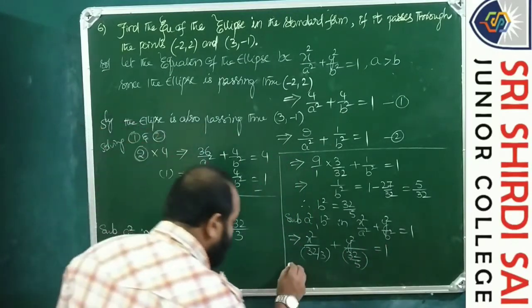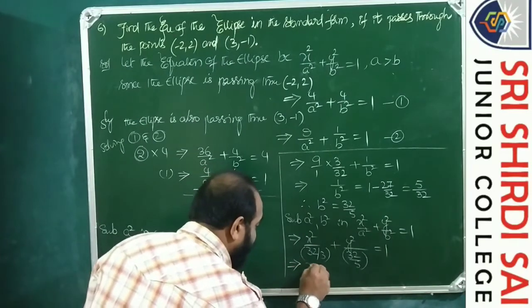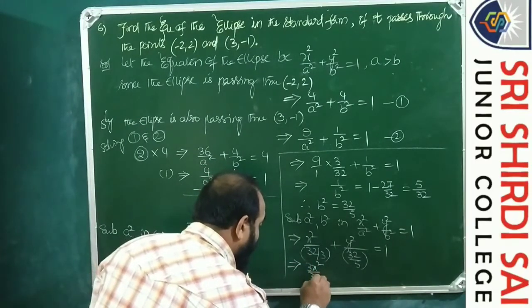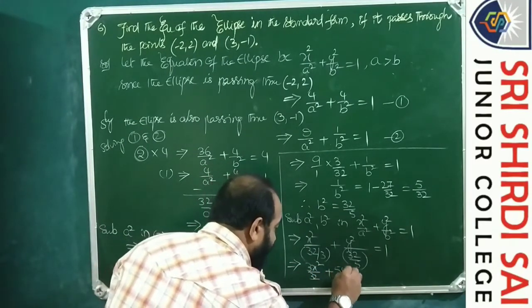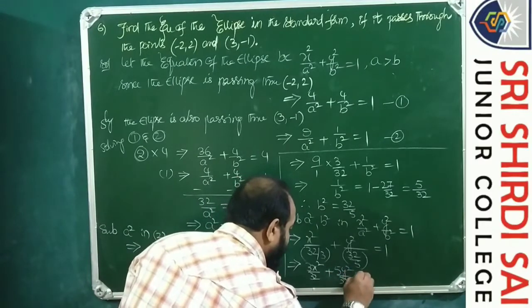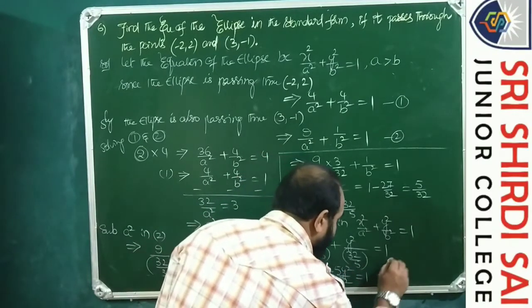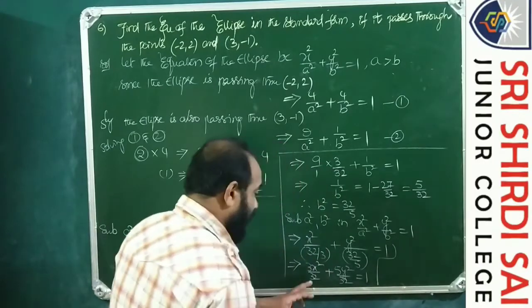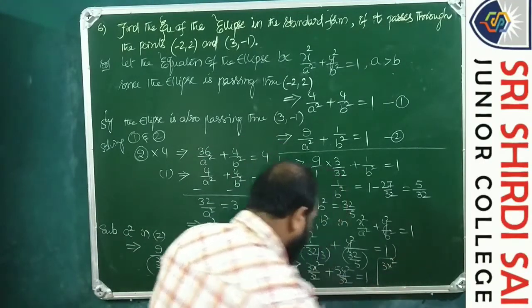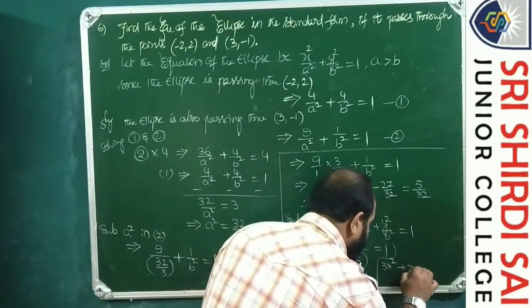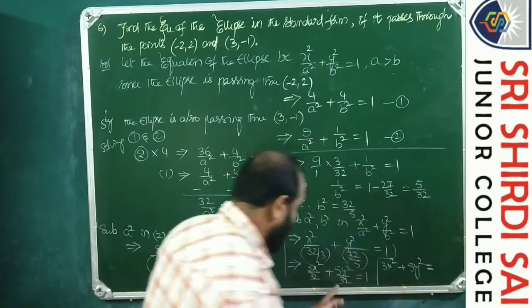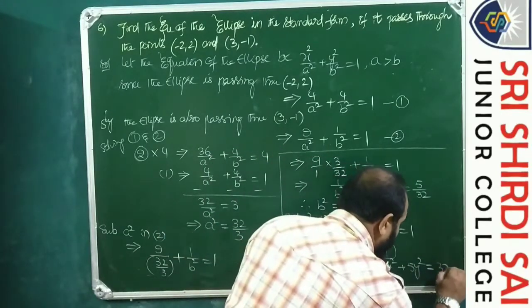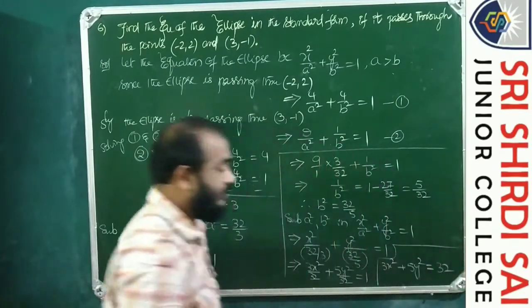So this is 3x square by 32 plus 5y square by 32 equals 1. Therefore, 3x square plus 5y square is equal to 32, which is the required equation of the ellipse.